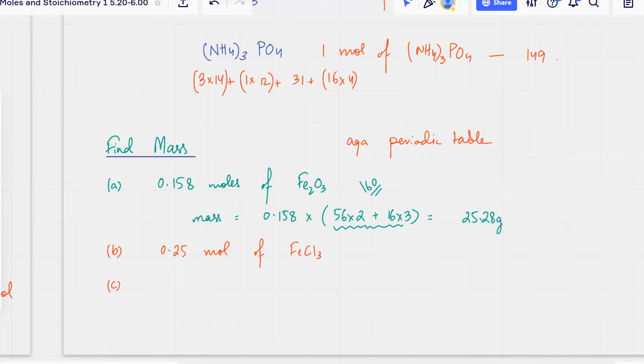And the next one is find the mass of 125 moles of calcium phosphate. उसमें मतलब clearly break. Let's hold on. ये दोनों questions करो आप.